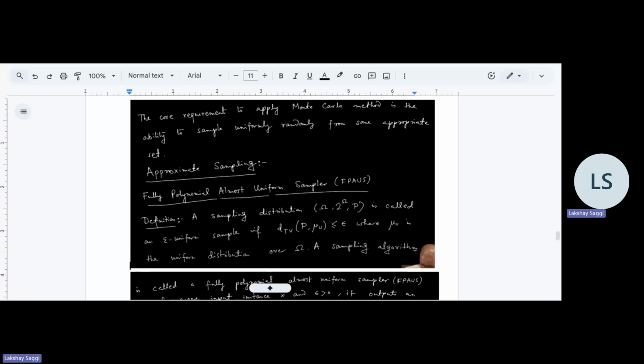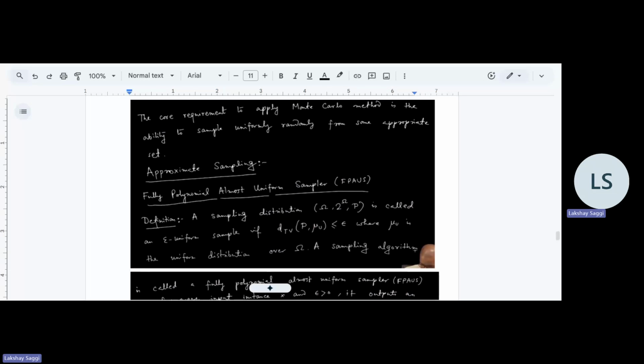For example, in estimating the value of pi, we were sampling uniformly randomly from the square, and similarly in DNF counting, we were sampling uniformly randomly from the set U. However, it might be that for some problems, we might not be able to sample uniformly at random. It might be difficult to obtain a uniformly random sampler for the given problem at hand.